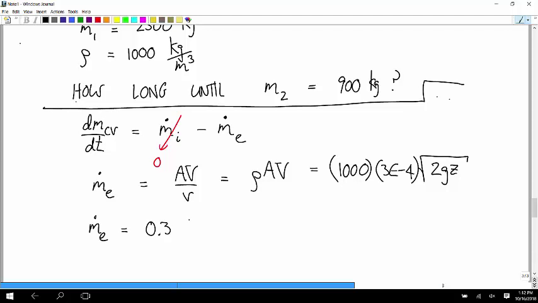So m dot out is equal to 0.3 times, well, what's 0.3 times the square root of 19.62? 1.3288 times Z to the 1/2.